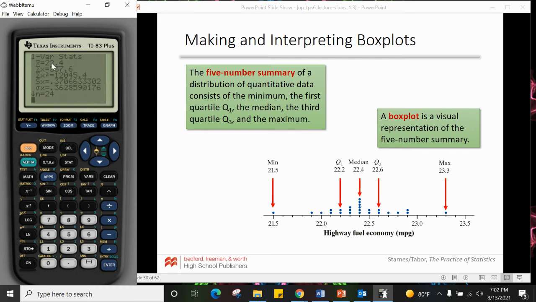You get the mean, x bar, and how many data points there are. You get Sx, the sample standard deviation, which is 0.37. And if you come down, you get the 5-number summary: min is 21.5, Q1 is 22.2, median is 22.4, Q3 is 22.6, and 23.3 is the max. So if you type the data into your calculator, it will right away calculate the 5-number summary for you.